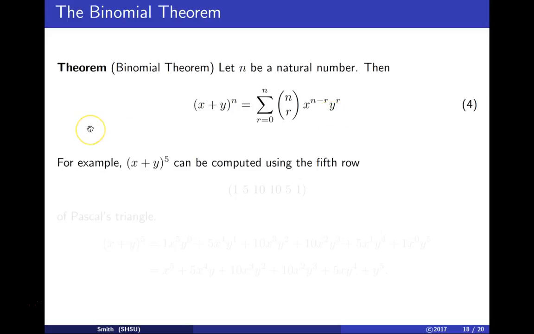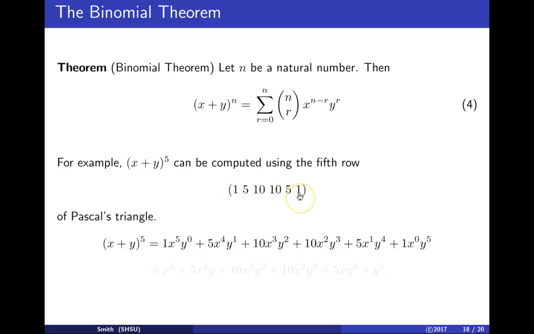As an example, x plus y to the fifth can be computed using the fifth row of the triangle, 1, 5, 10, 10, 5, 1. So for x plus y to the fifth, what I'm going to do is write down powers of x and y: x to the fifth, y to the 0, x to the fourth, y to the 1, x cubed, y squared, y cubed, and so on. And the coefficients that you see here, 1, 5, 10, 10, 5, 1, come out of the triangle. I can clean that up a little bit.